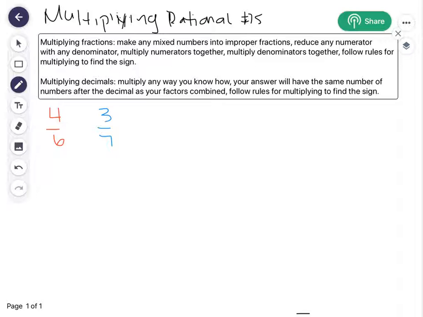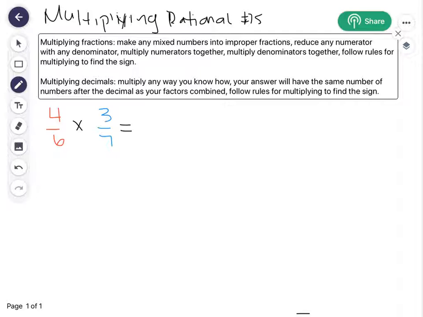All right, to multiply these two fractions together, we are going to see if we can turn any mixed numbers into improper fractions. Well, in this case, we don't have any mixed numbers, so we don't need to worry about that. So step 2 is reduce any numerator with any denominator. What that means is that you are going to try to find any numerator in either fraction that has a common factor with any denominator in any fraction.